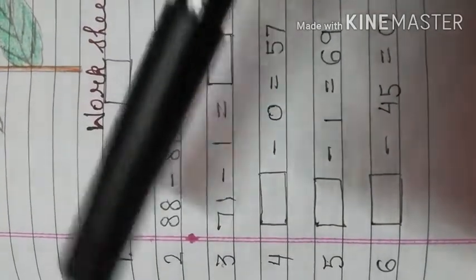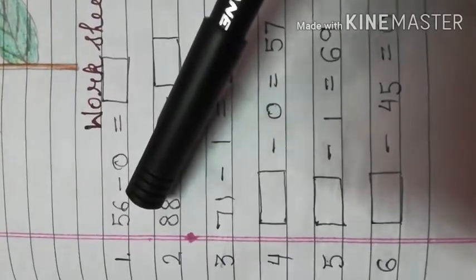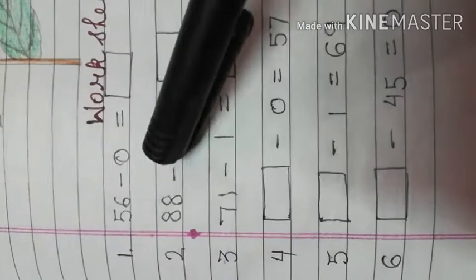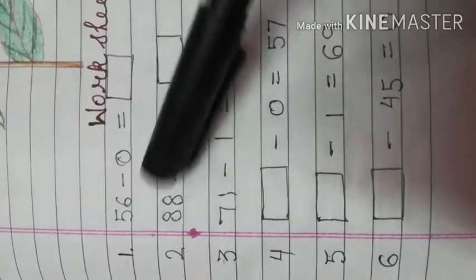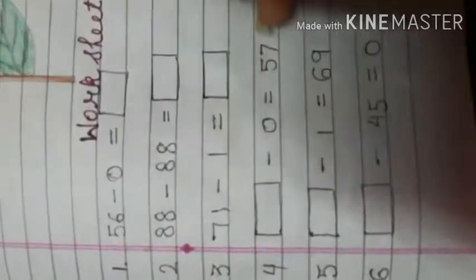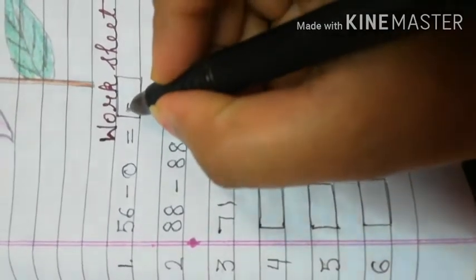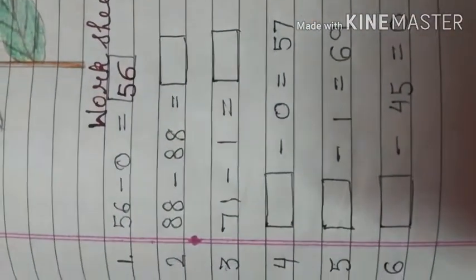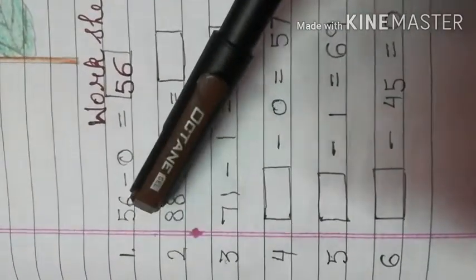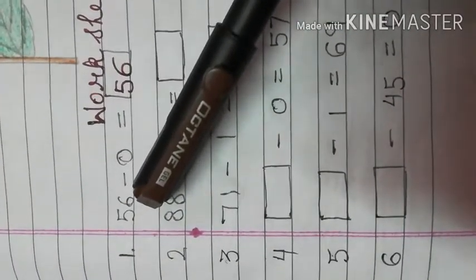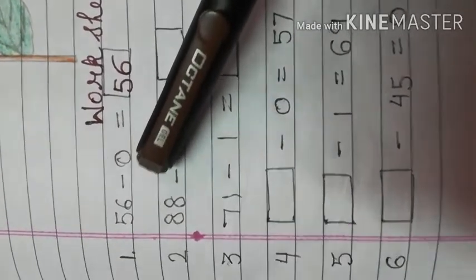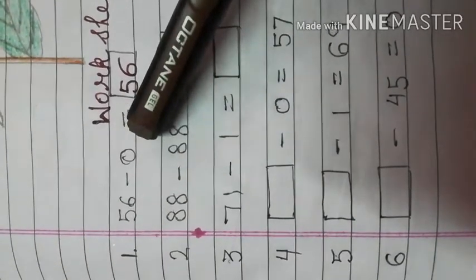Our answer means the number from which we are subtracting will remain the answer. 0 means nothing. So we are subtracting nothing from the number. So the answer will remain same. That means the answer will remain 56. If there is any other number except 56, then also we will just write the same number, because we are just subtracting 0 from the number.